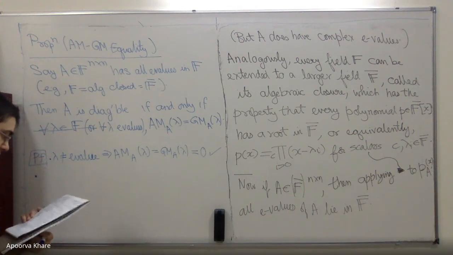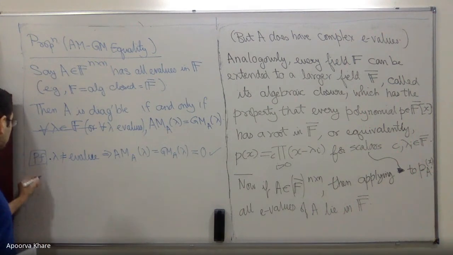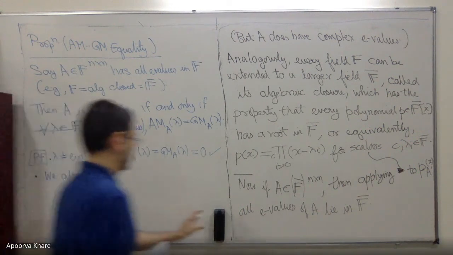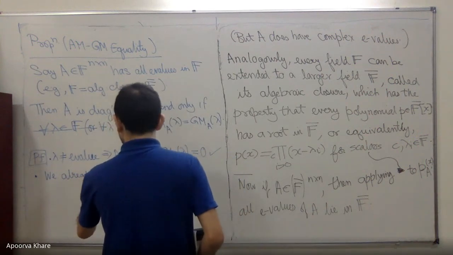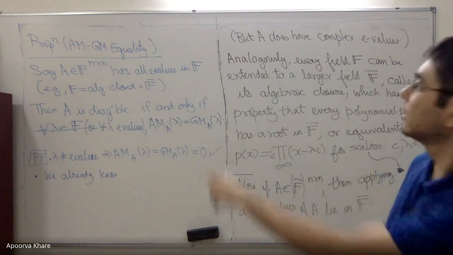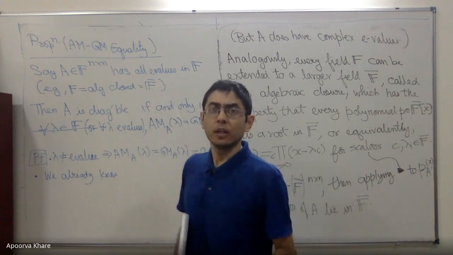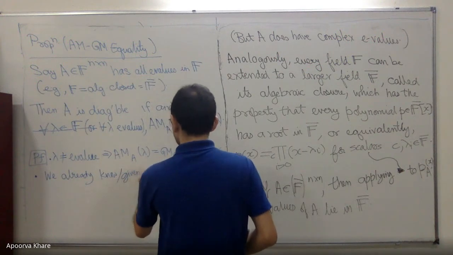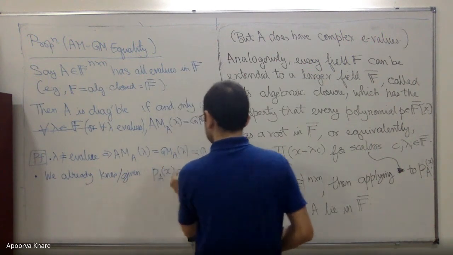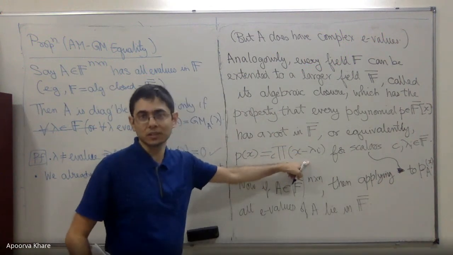Another point is we already know, or are given, that since A has all the eigenvalues in F, PA of X splits into linear factors, exactly like this, because we know the roots exist in the field.